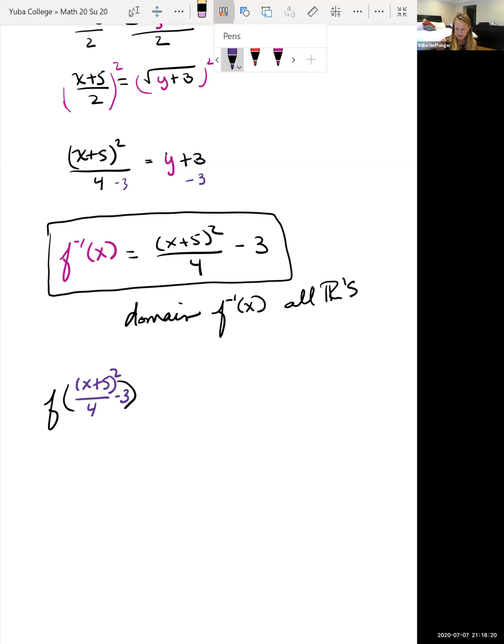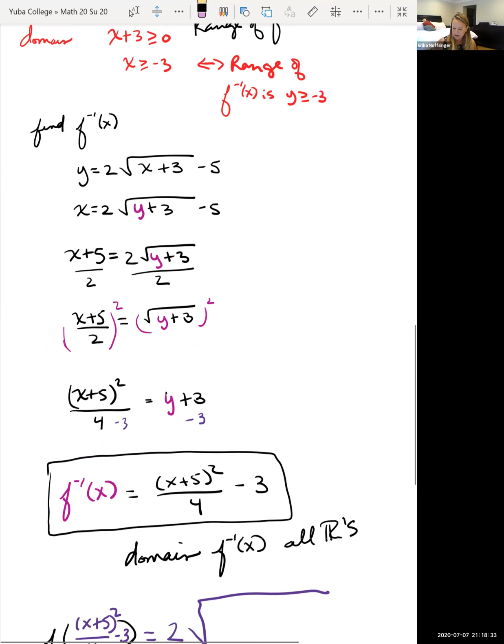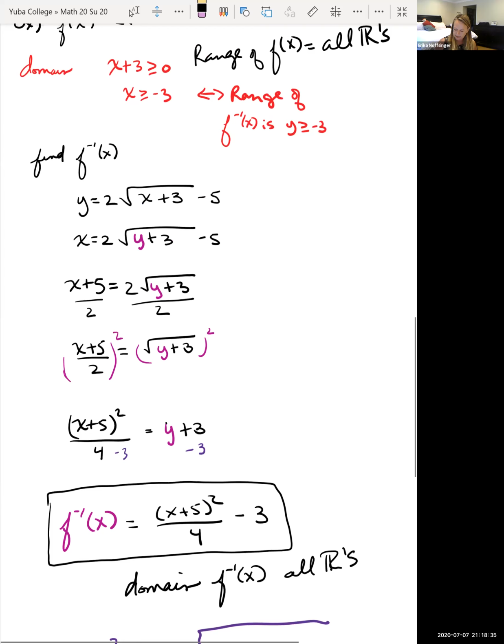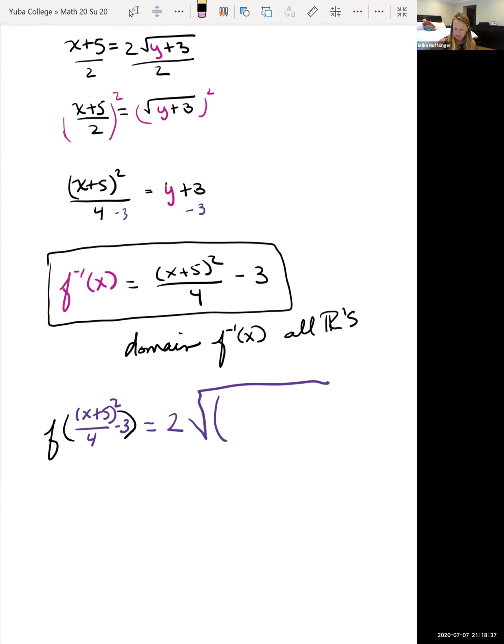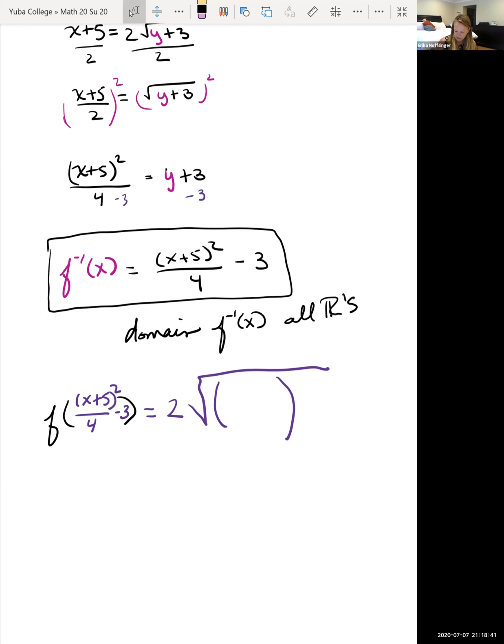Okay, so f of x was equal to 2 square root x, so put a parentheses, and underneath the radical was a plus 3, and then outside the radical was a minus 5.